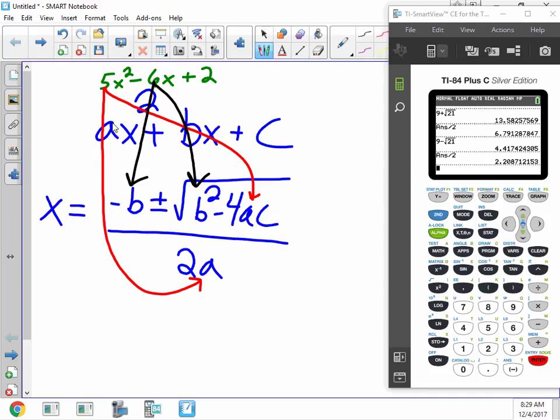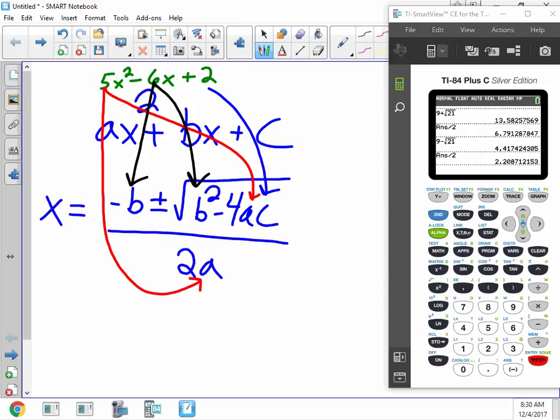And then I take the 2 and I enter it right there. And that will solve the equation for me. And essentially, it's completing the square. But instead of completing the square on every separate equation, we completed the square once on an equation that represented all of them. And then all we have to do is plug the numbers into the formula.